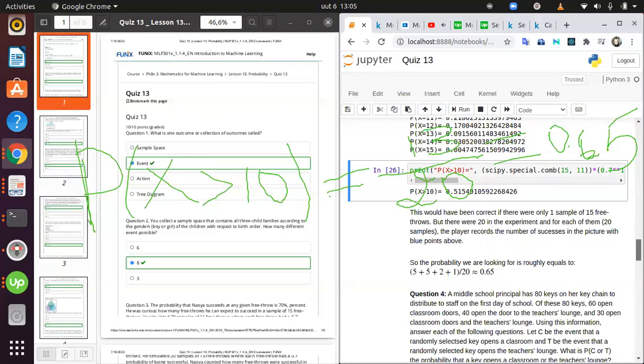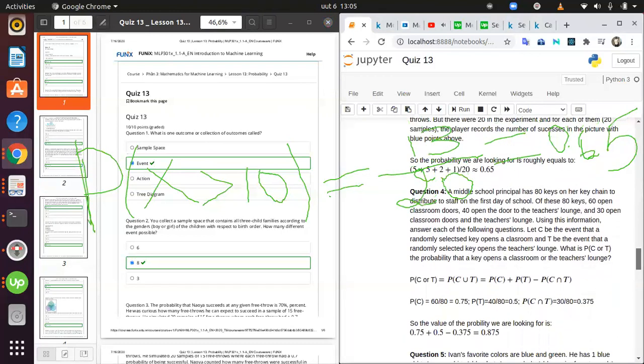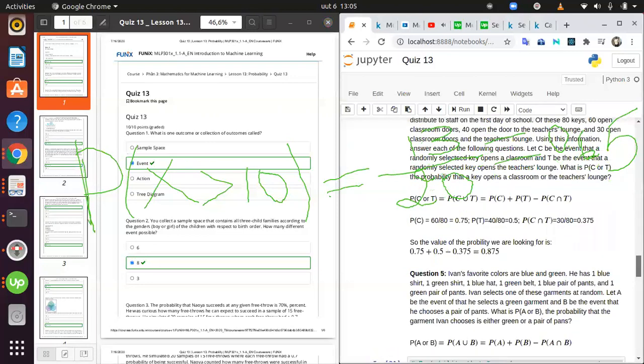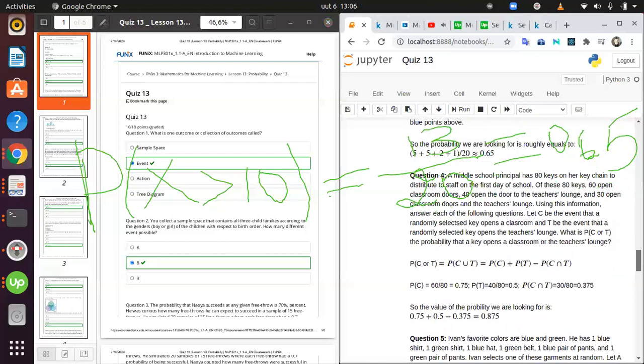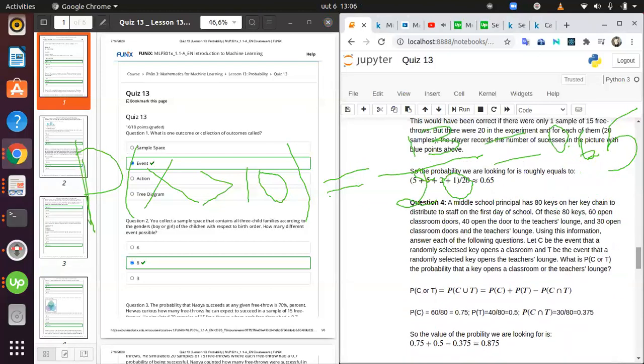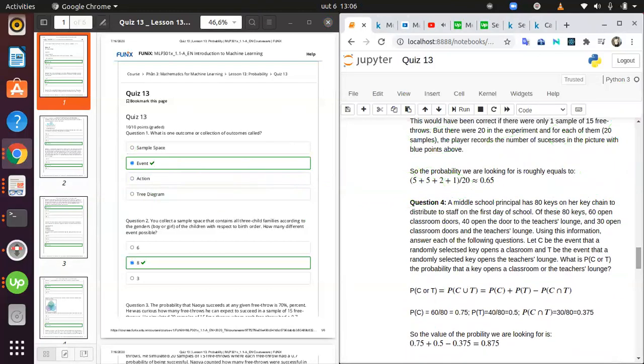So let's go on to question 4. A middle school principal has 80 keys on her keychain to distribute to staff on the first day of school. Of these 80 keys, 60 open classroom doors, 40 open the door of the teacher's lounge, and 30 open classroom doors and the teacher's lounge.